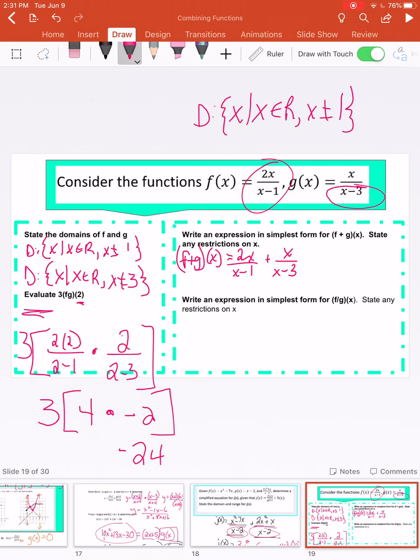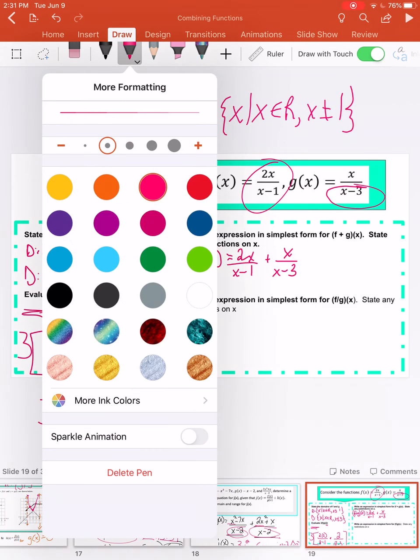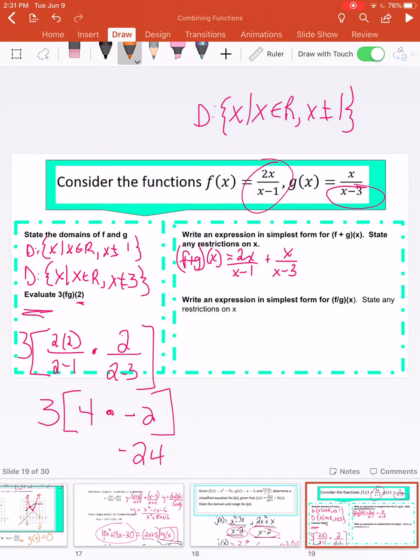So this question, you will need to use some background info from 20-1. We're trying to add and we have different denominators. So this time it means I'm going to have to multiply that 2x by x minus 3 in order to get that common denominator. And I'm going to need to times that x by x minus 1.